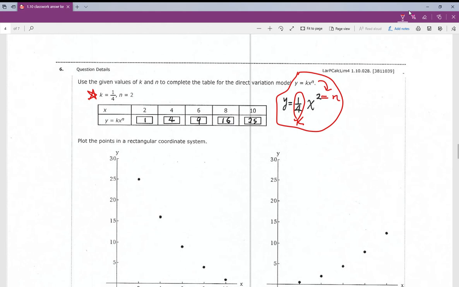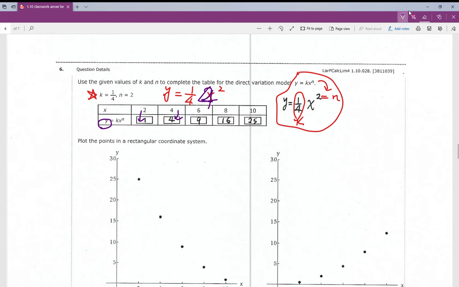So you have the whole formula here. If you follow the formula, y equals 1/4 x squared. Now, when x is 2, you calculate. When x is 4, you calculate the y value. Just plug in, not too hard.